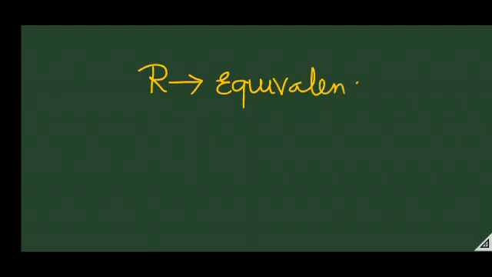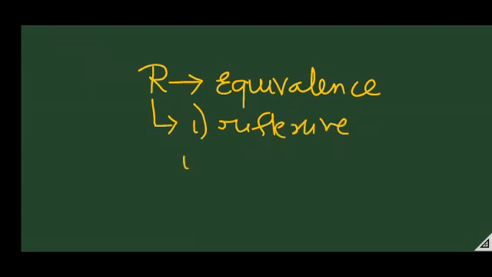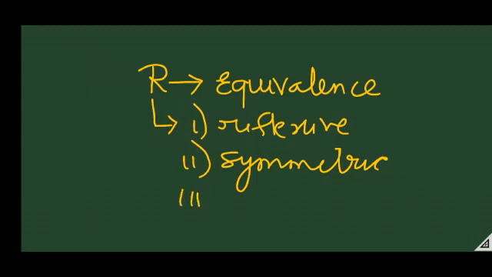Now first let me tell you what is this equivalence relation. Now the relation is said to be an equivalence relation if first it is reflexive. I am going to tell you all these things in detail. Second, it is symmetric, and third, it is transitive.